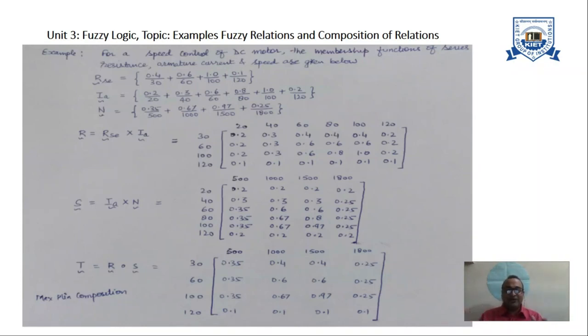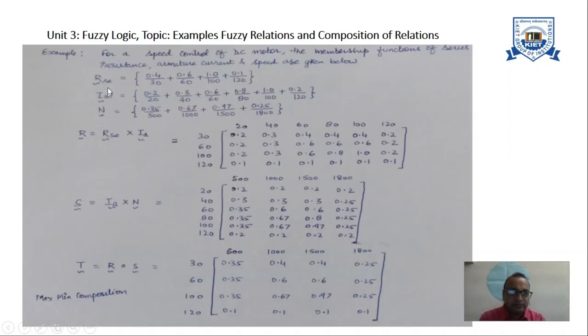We are trying to make a relationship between the series resistance and the number of rotations of the DC motor on the basis of the fuzzy information which we receive from experts. So first of all, we can make a Cartesian product of R_SE to I_A. If I am able to make a Cartesian product of these two fuzzy sets, that simply represents a relation of these two fuzzy sets.